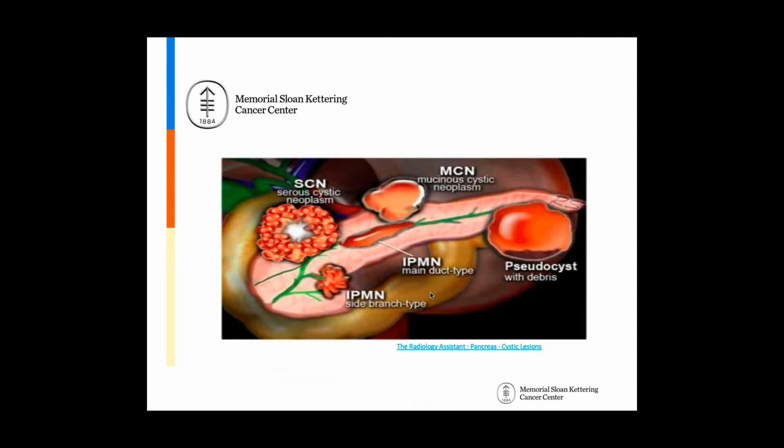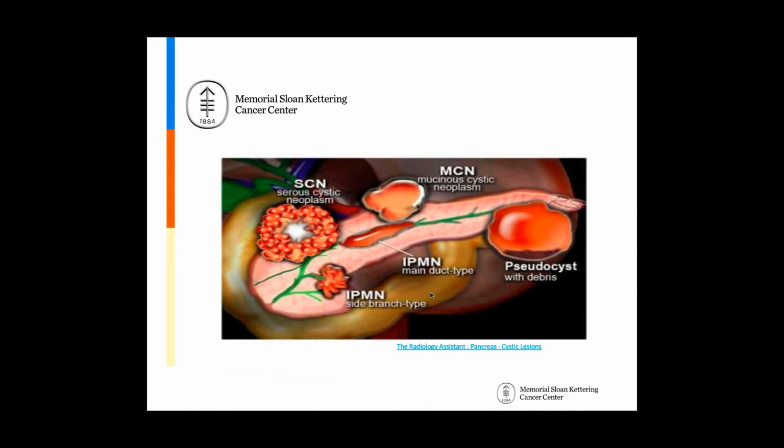You have your two types of IPMNs, your main duct IPMN, which of course are more worrisome and generally are always resected. They can affect a part of the pancreatic duct or the entire duct, in which case the patient would likely need a total pancreatectomy. And then you have your side branch IPMNs, which most of us who are doing the pancreatic cyst surveillance programs are keeping an eye on.